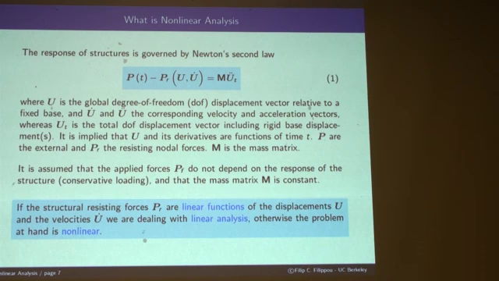So basically, another important point is that I am assuming here that the applied forces are independent of the deformed state of the structure. That is true for gravity, but it isn't true for wind and fluids, right?